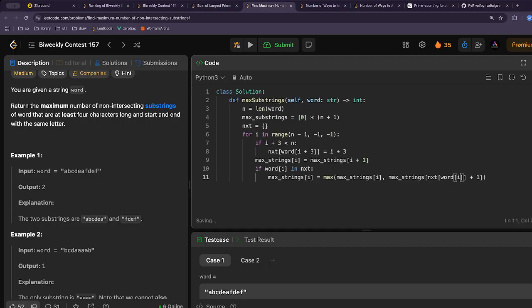Because this means that's where our substring ends, right? So we want to start optimizing from the next character, and we want to count this substring in the result, right? And so it should be it.